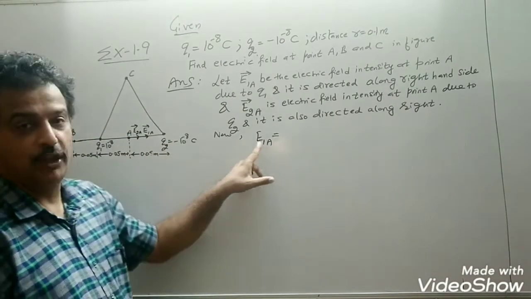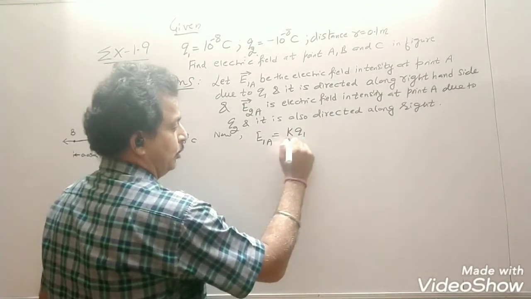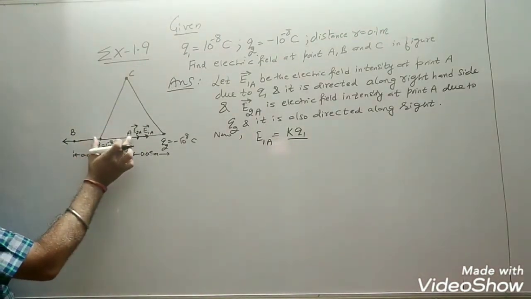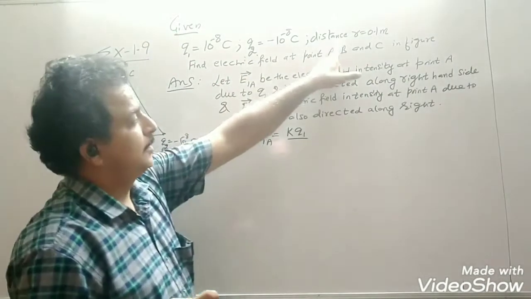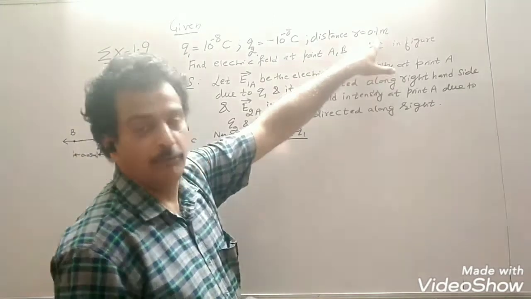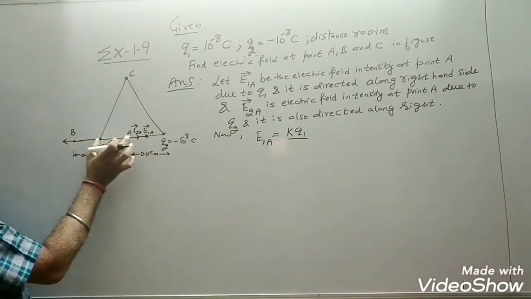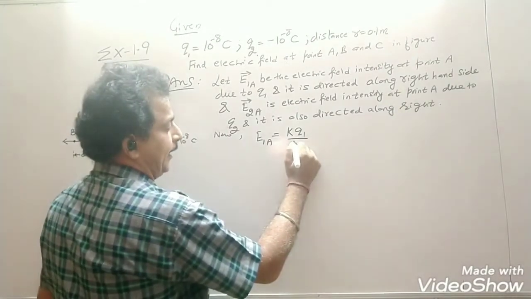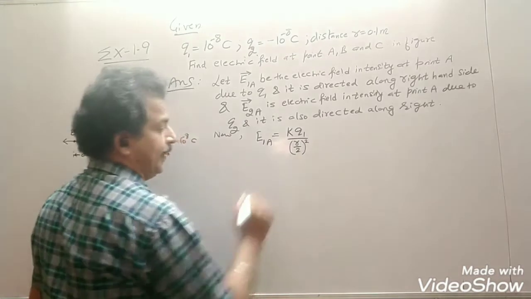Now what is the formula for electric field intensity? K times the source charge upon the distance between test and source, whole square. The length of the side, or distance between the two charges, was given as 0.1 meter. Because A is the midpoint, the distance between Q1 and A is 0.05 meter. So here I take R by 2 whole square.